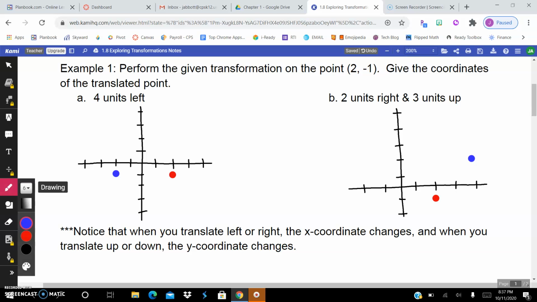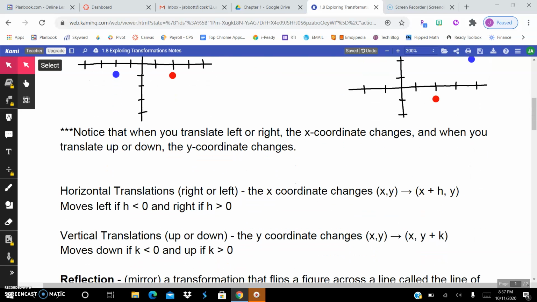For both of these questions, it said to do the transformation and then give the new ordered pair, the new coordinates. So for part A, it looks like we're over -2 and we are down 1. And then for part B, we are over 4 and up 2.